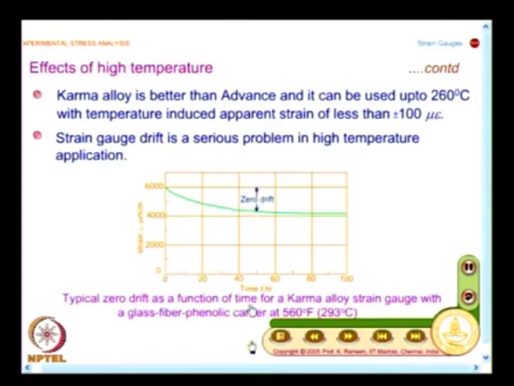It is a function of time as well as the strain gauge alloy. Here it is shown for a Karma alloy with a glass fiber reinforced phenolic carrier, and this graph is done for 293 degree centigrade. So, the recommendation is, we know that resistance changes as a function of time.